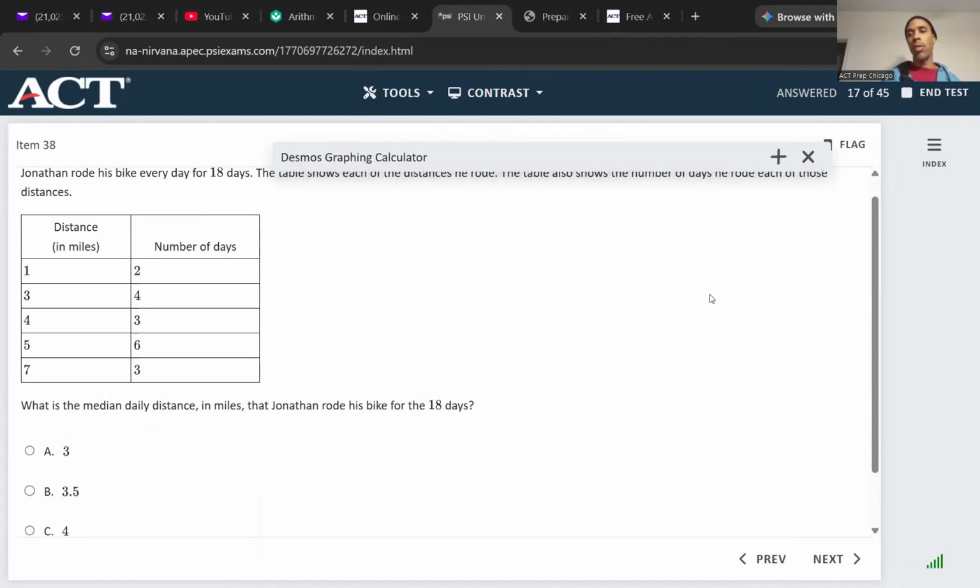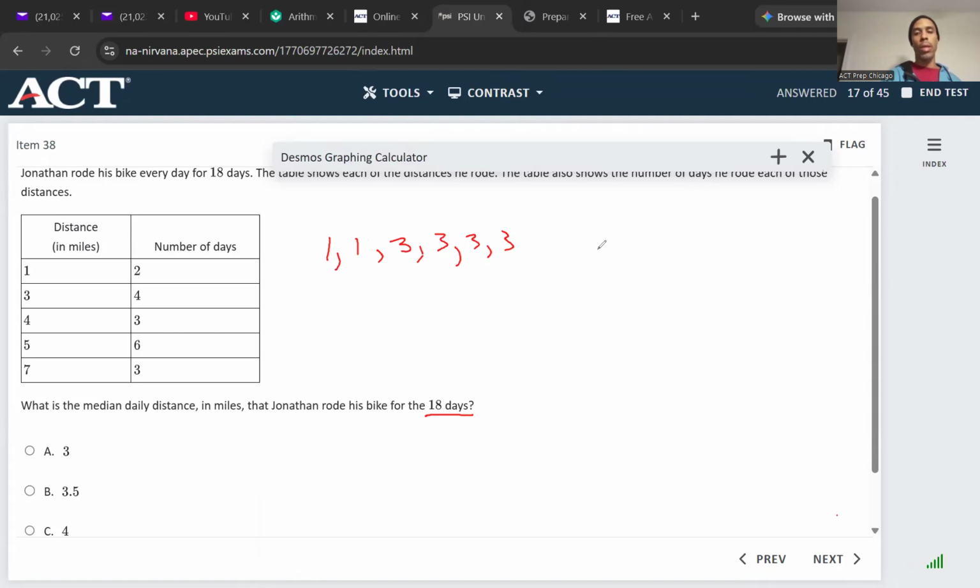So the long way to do this is to write out 18 days. I'll write it out just so you can see. So on 2 of the days he rode 1 mile, so that's 2 ones. And on 4 of the days he rode 3 miles, so we got 3 fours, right? And you just write them out. Now, the easy way: if it's the median for 18 days, obviously it's more numbers.